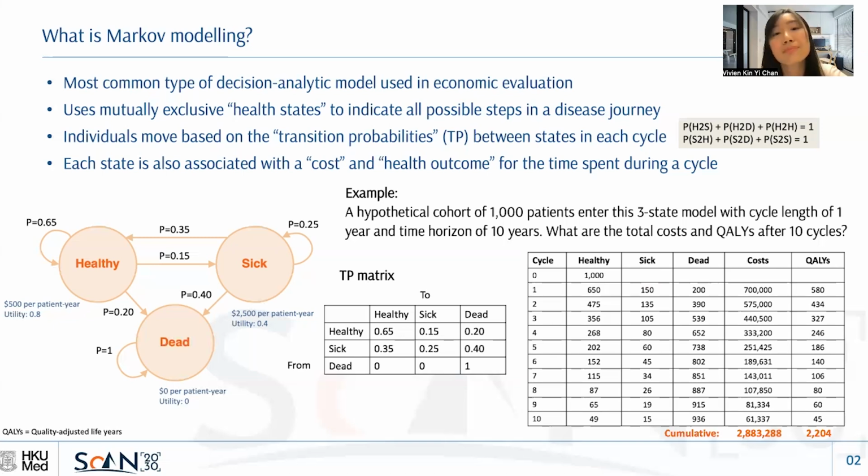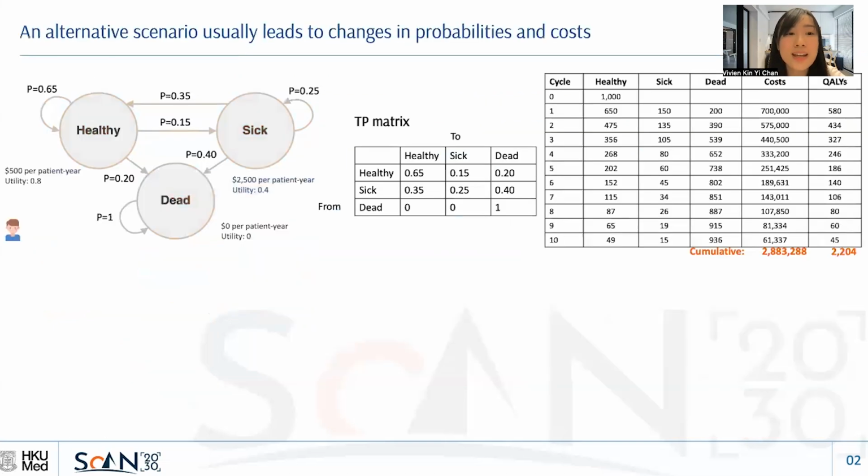Okay, so now we have only simulated 1 scenario, but HTA or cost effectiveness analysis typically involves the comparison of 2 or more alternative scenarios.